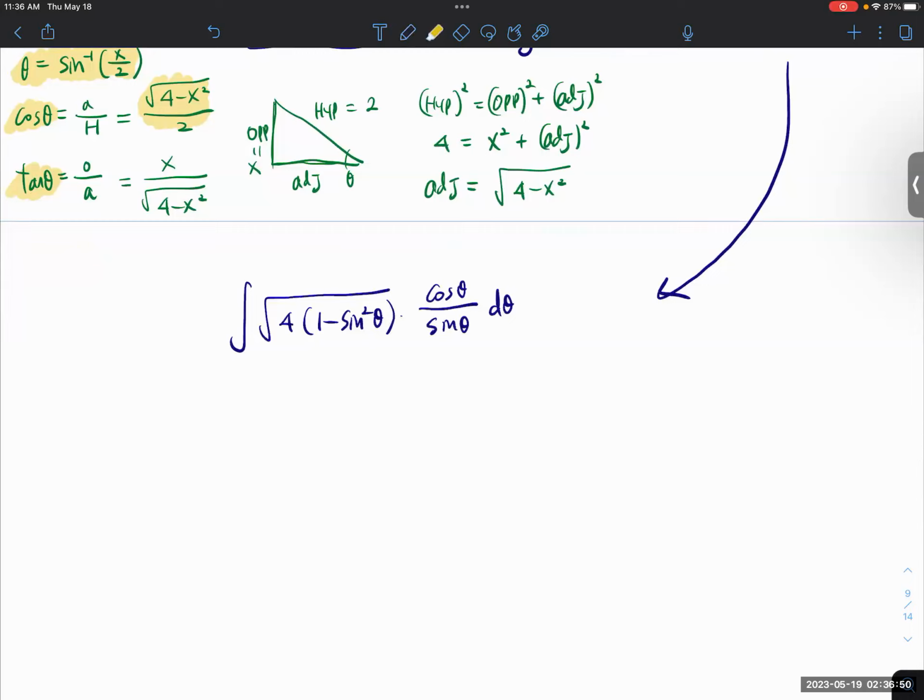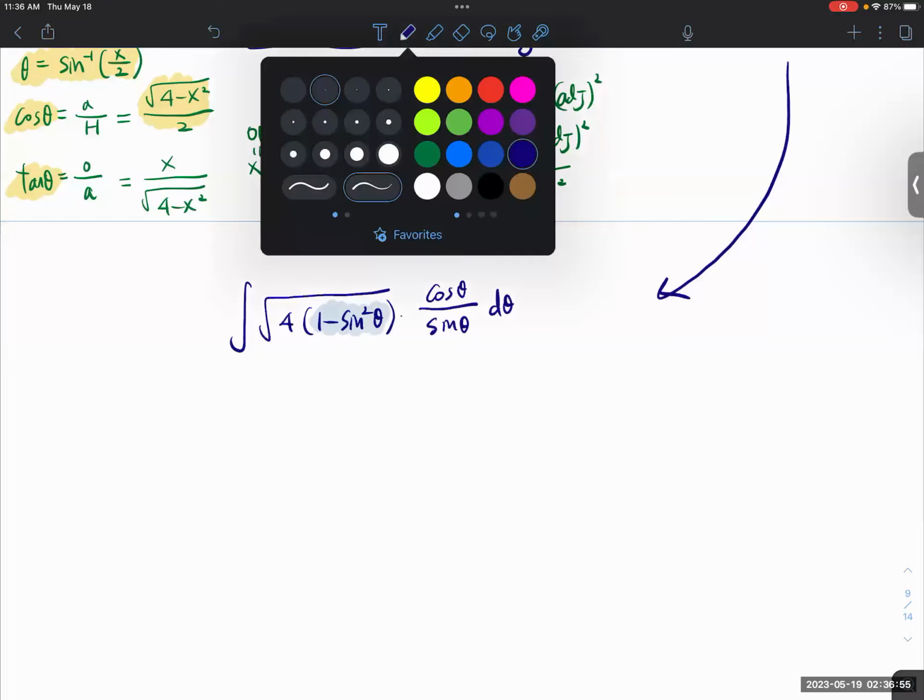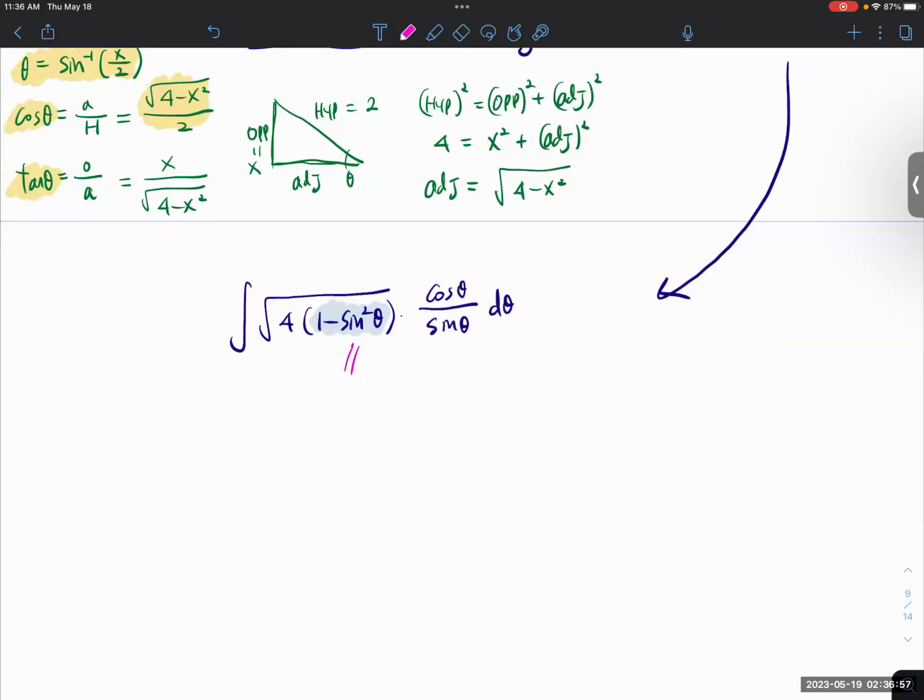Okay, we already know what's going on here. This is the same as cosine squared theta. And radical 4 is going to be 2. We have an integral. And then this is inside of the radical, correct? Radical 4 is going to be 2. Radical of 1 minus sine squared theta is radical cosine squared theta.